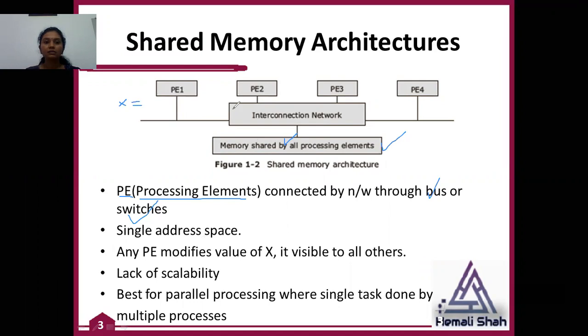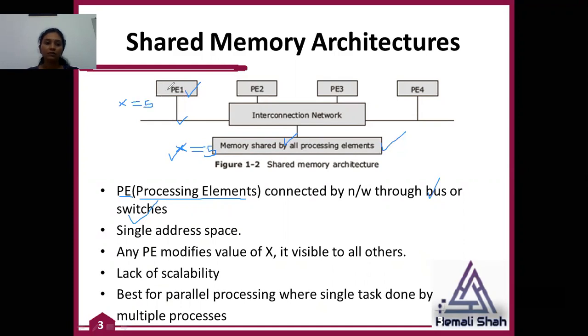This x is stored inside the shared memory and the value of x is 5 right now. If processing element 1 wants the value of x, then by using this interconnection network, it can access and fetch the value of x.